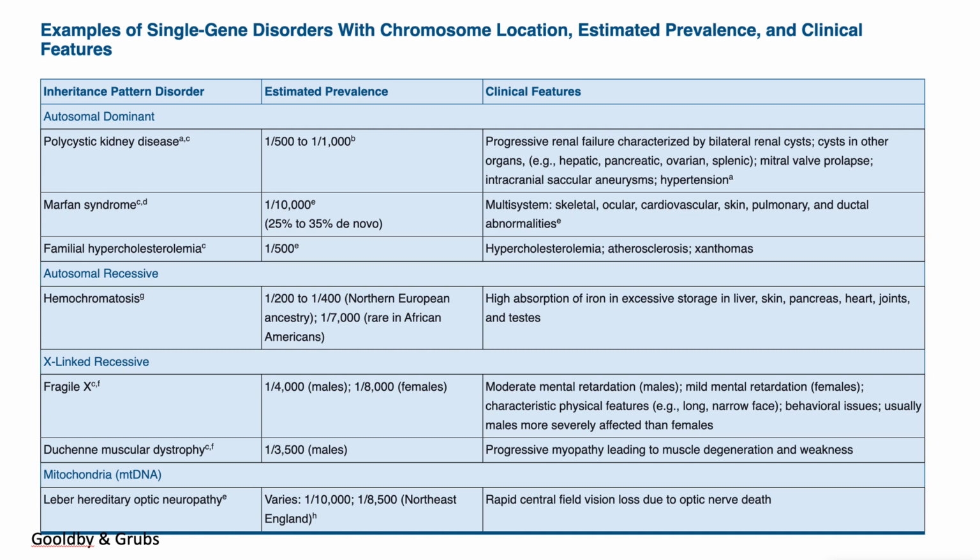X-linked recessive, the Fragile X disease, and Duchenne muscular dystrophy are examples of it. And then we get to the mitochondrial DNA one, Leber hereditary optic neuropathy. Remember, this is not in the nuclear DNA, but in the mitochondrial DNA.